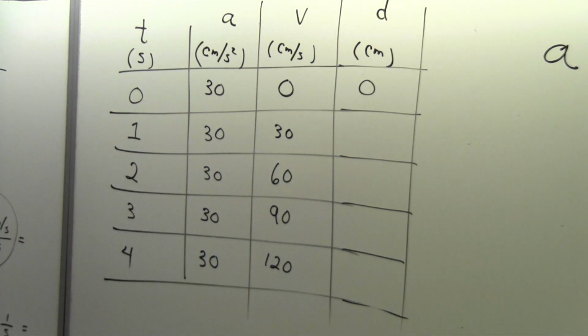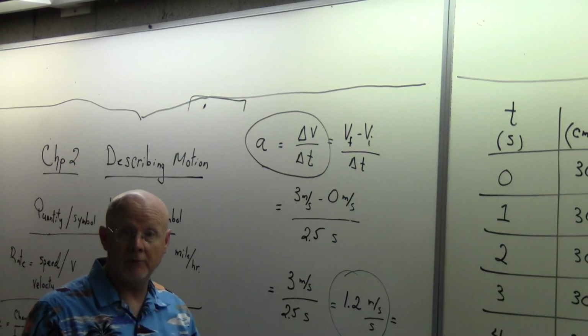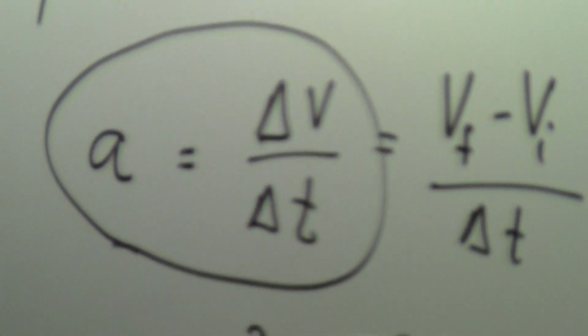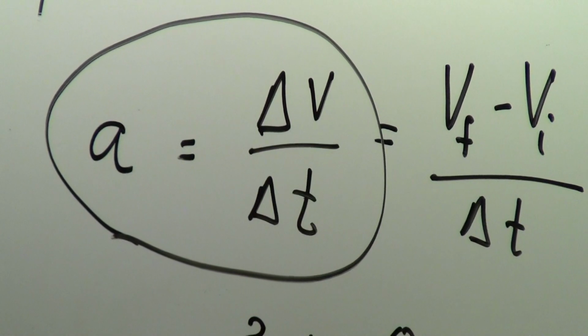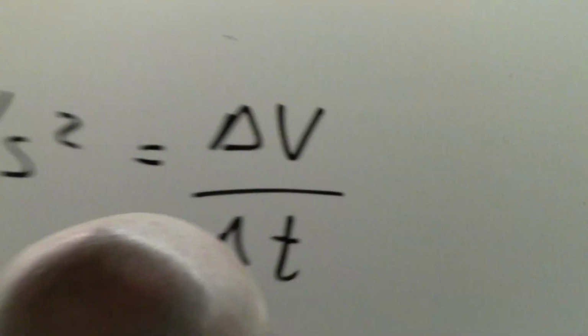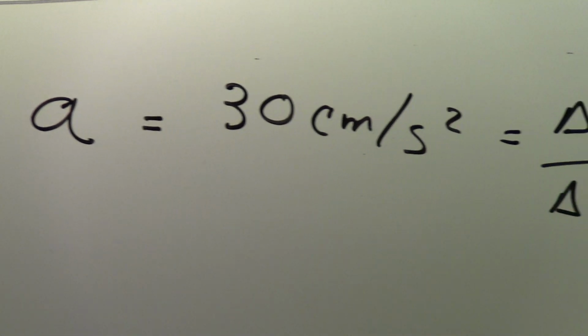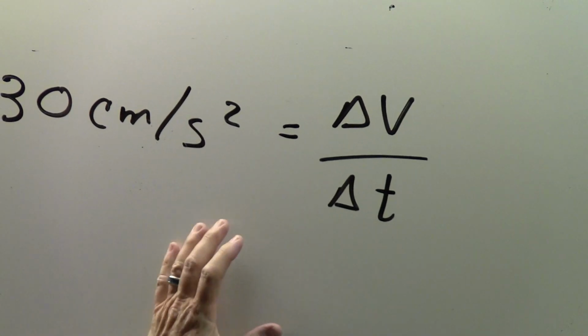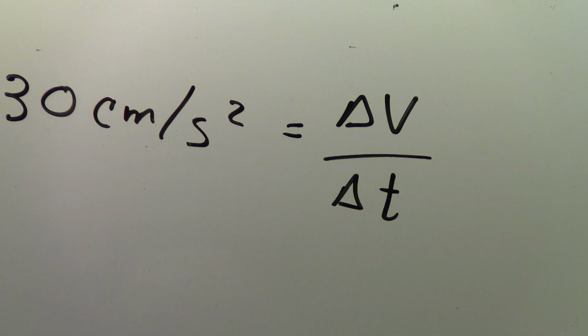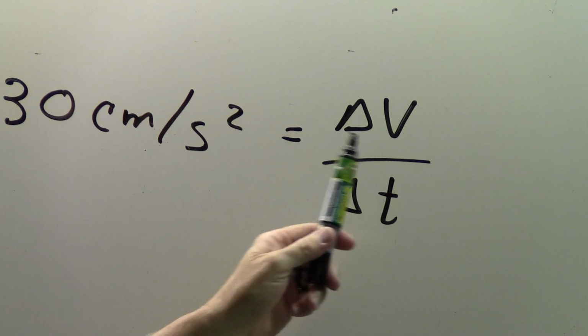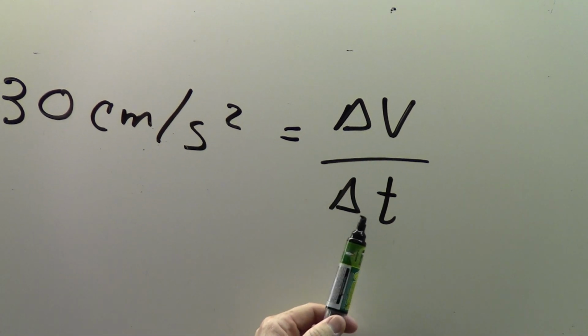Okay, well, this then would be a very useful formula. Because we just said the acceleration is 30, and that is equal to the change in speed over the time taken. And so just like I was showing you earlier in the lecture, if I give you any 2 of these, you can find the third. And so here's the third, the change in velocity, because I'm saying after 3 seconds.